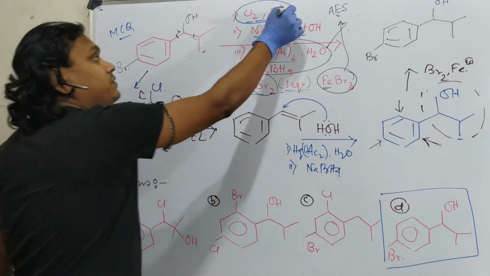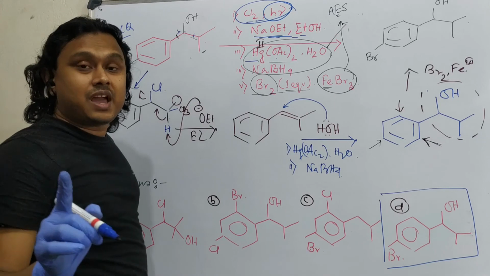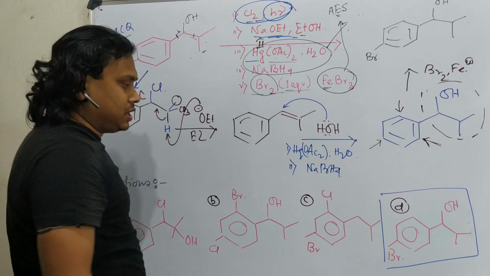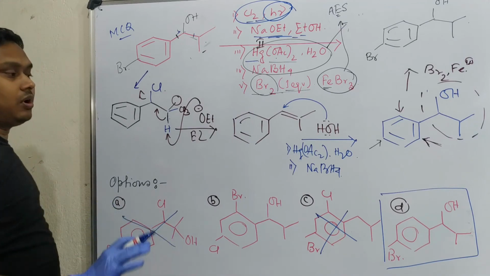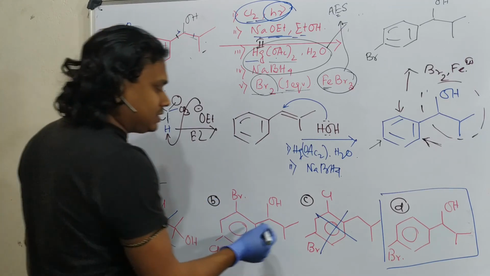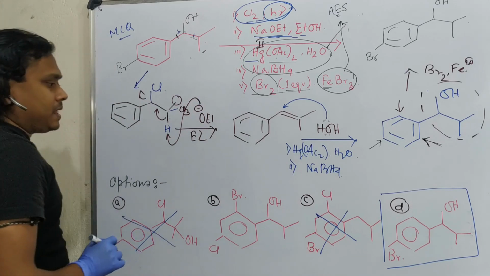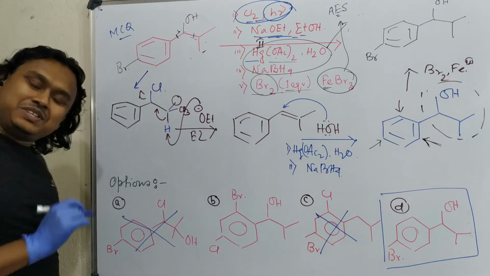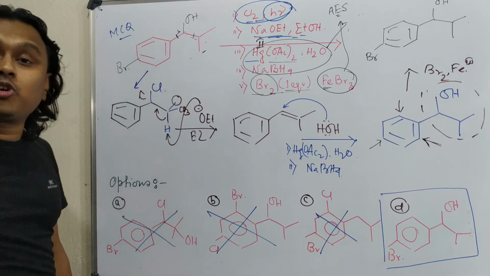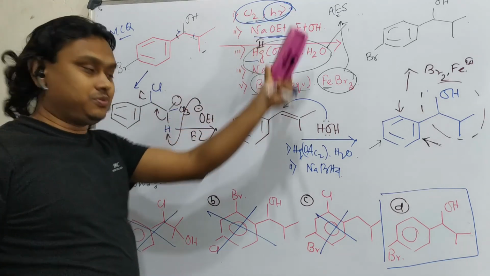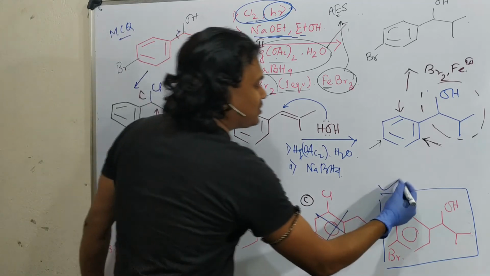And see, I have given H nu, so aromatic electrophilic substitution is not possible. So cut this one, gone. Now option left is either this or this. Fine. Just use your common sense. This is also not possible because I told you aromatic substitution is not possible since I have provided H nu. So these three. What is left? This one. So this is the answer.